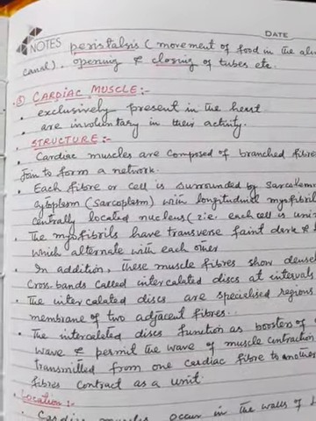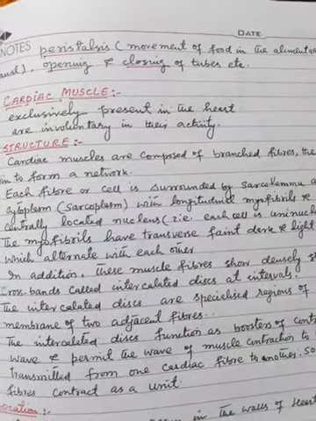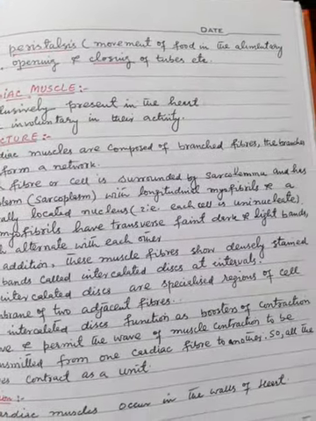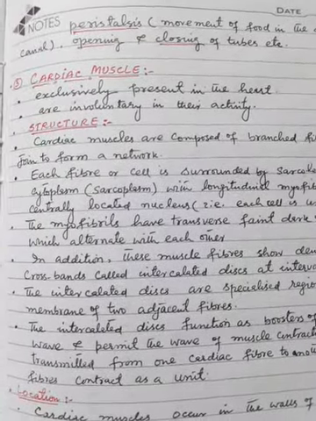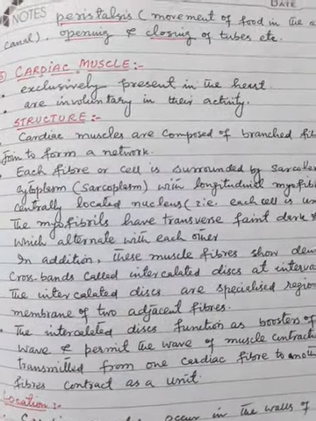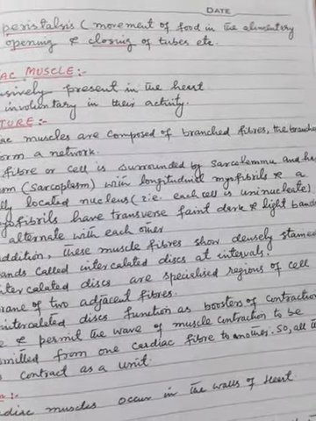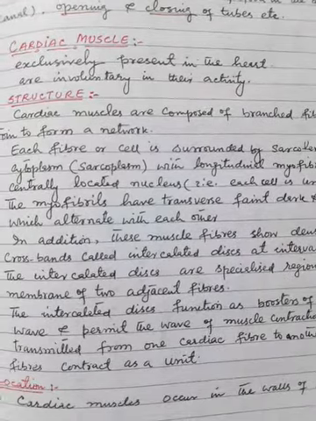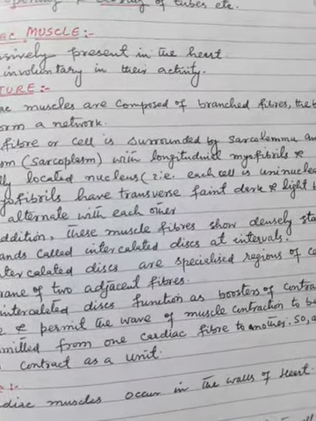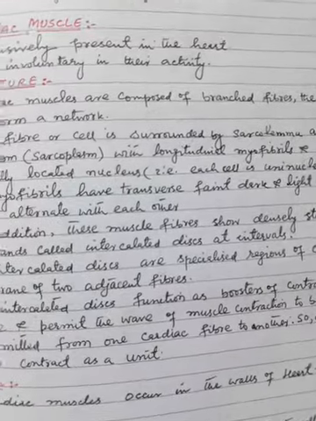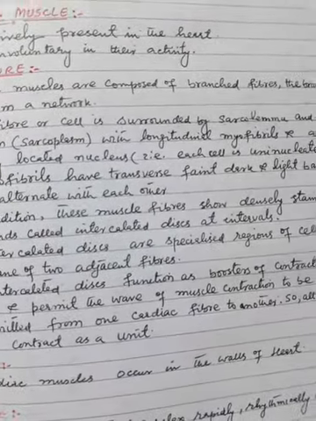Now, the structure of cardiac muscles. Cardiac muscles are composed of branched fibers. The branches join to form a network. Each fiber or cell is surrounded by sarcolemma and has cytoplasm or sarcoplasm with longitudinal myofibrils and a centrally located nucleus, that is, each cell is uninucleate.